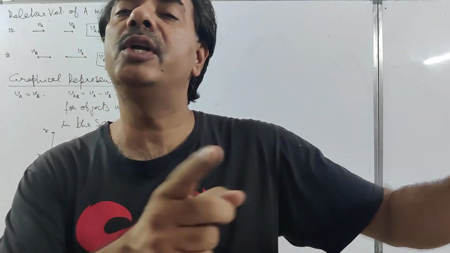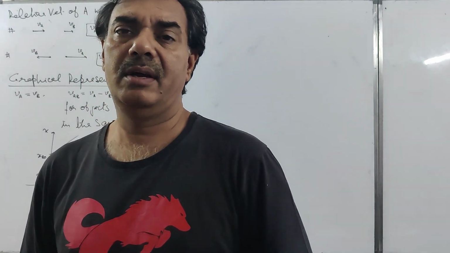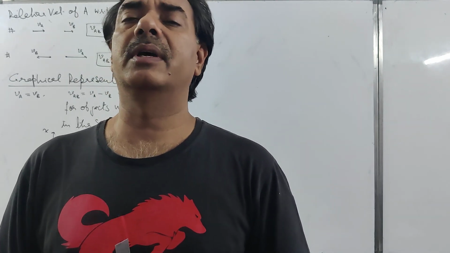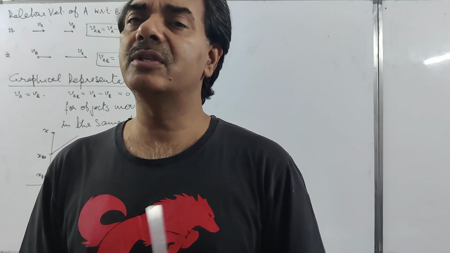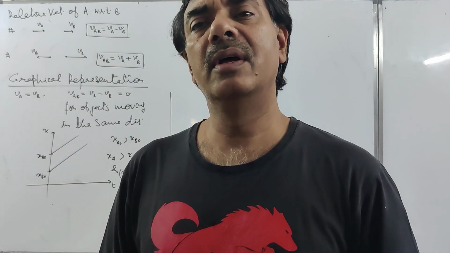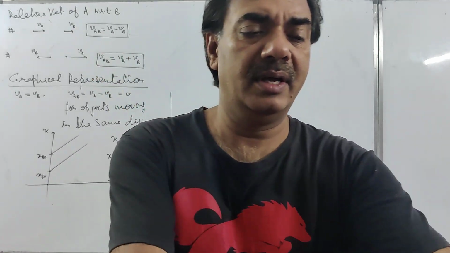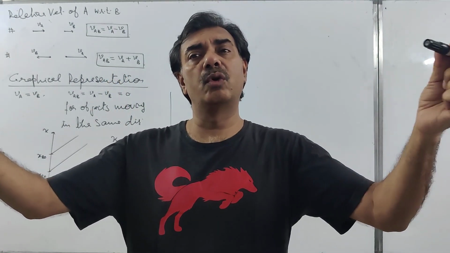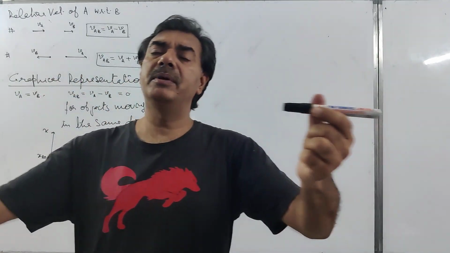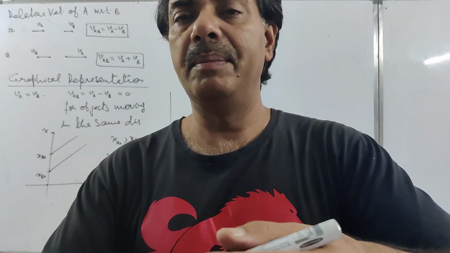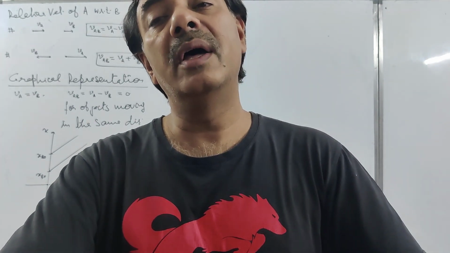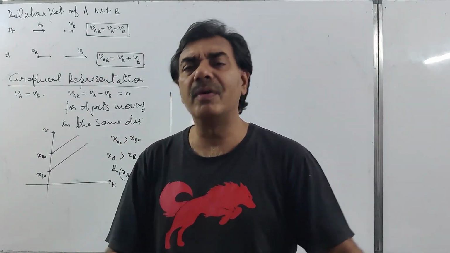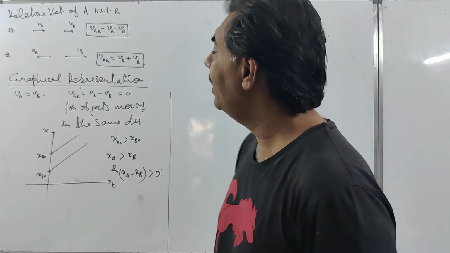A is at 50 meters, B is at 20 meters. A is ahead. Both start together, with the same speed, in the same direction. So both will cover the same distance in the same time, and their separation will remain the same. Both started moving in the same direction at the same time. Earlier A was ahead, and now also. Initially A was ahead of B, and it will always remain ahead of B, right?